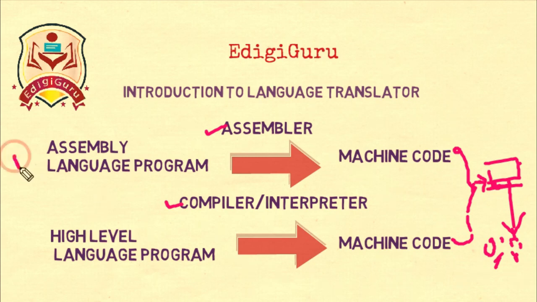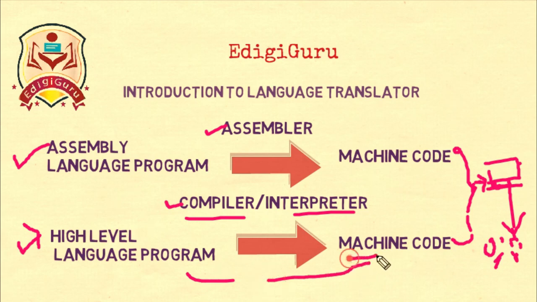Assemblers are used when the user-written program is in assembly language, whereas if it is in a high-level language, the compilers and interpreters are used for converting that program into machine language. So in this way we have seen what language translators are and the types of language translators.